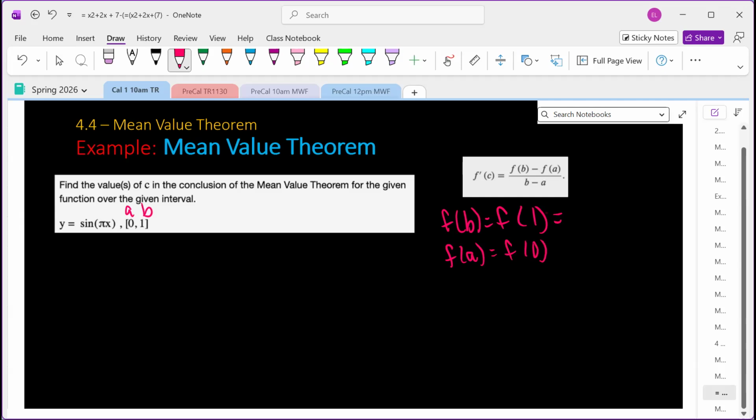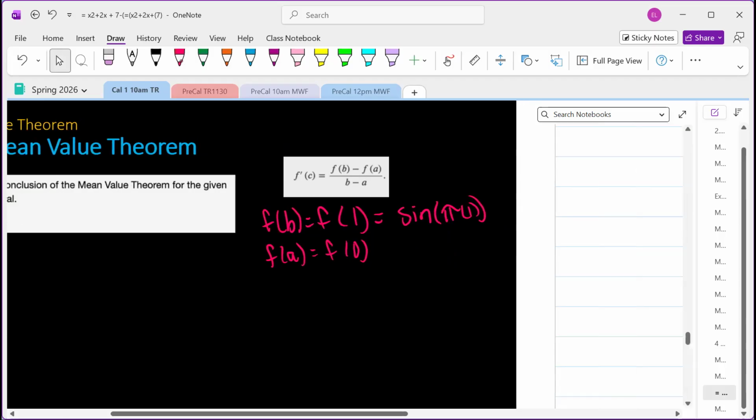So f of 1 is sine of pi times 1. So that's the sine of pi. When I'm trying to remember what the trig functions do, I think about their graphs.